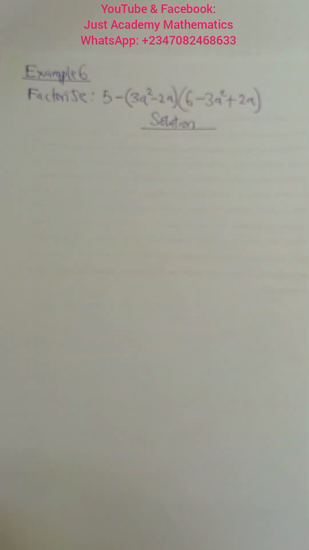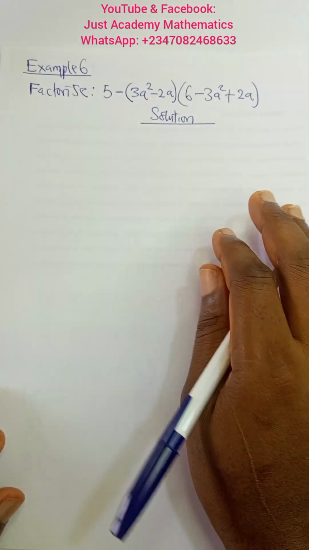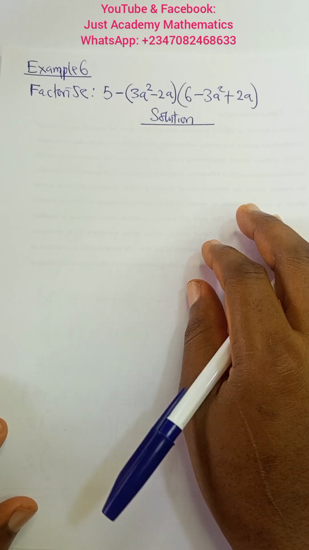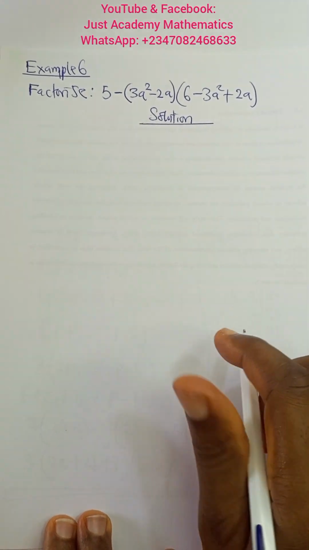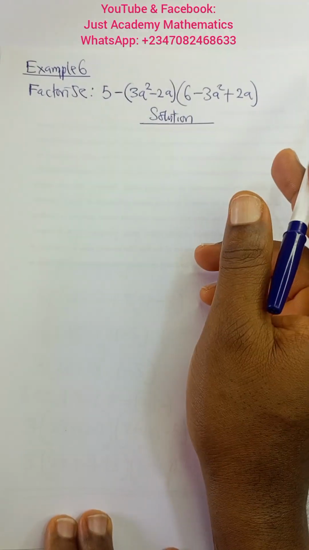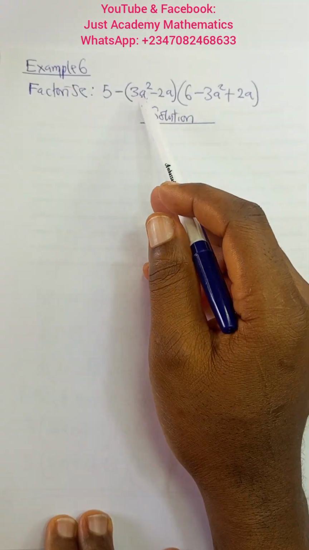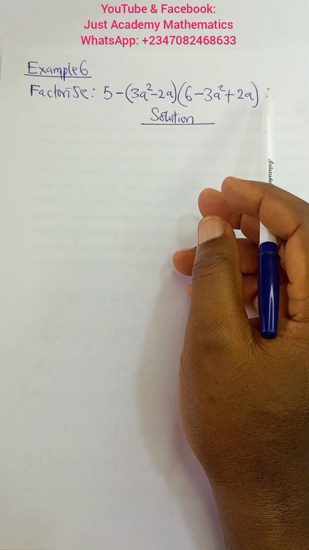The final example for this one, class, make sure you see the next class. Example 6. Now, look at what we have here. If you look at this question critically, carefully, you will see, don't always rush to open brackets, because opening brackets may make the question more cumbersome or more complex.